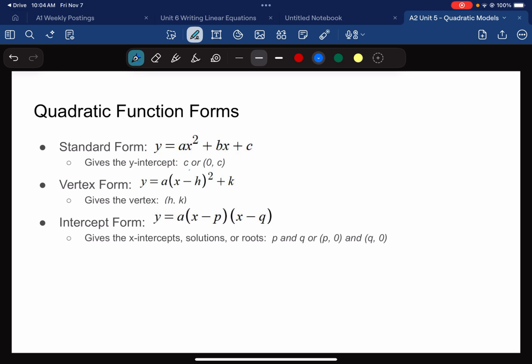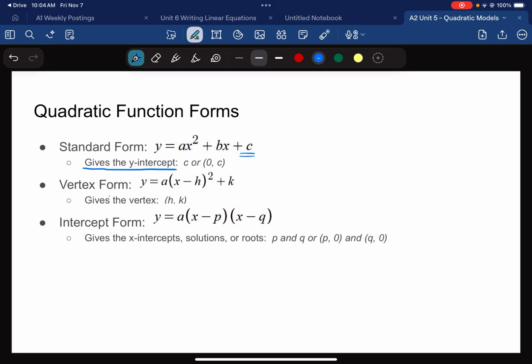The piece of information that standard form gives you is the y-intercept, the c value. And it doesn't matter what the polynomial is or how many terms it has. The constant without the variable x is always going to be the y-intercept, because if you put 0 in for all the other x's, the only thing left would be the constant term. So that's the y-intercept.